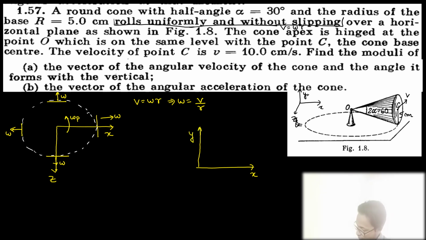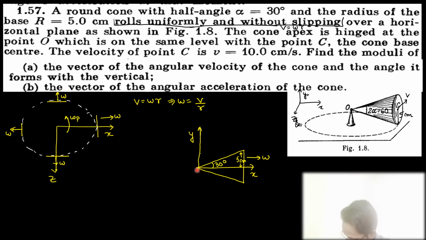The cone would look somewhat like this, with angular velocity omega in this direction. The radius of the cone is 5 centimeter. That means this is 5 centimeter and the half angle is given by 30 degrees.